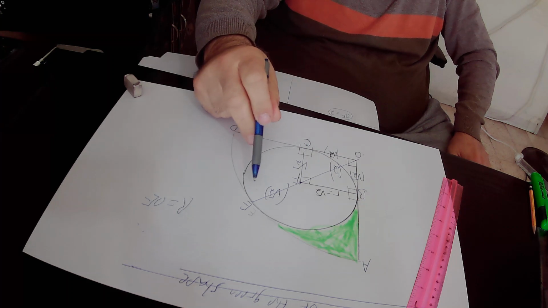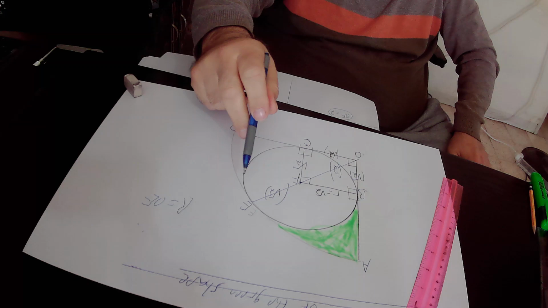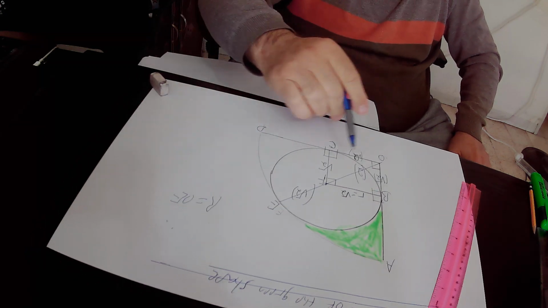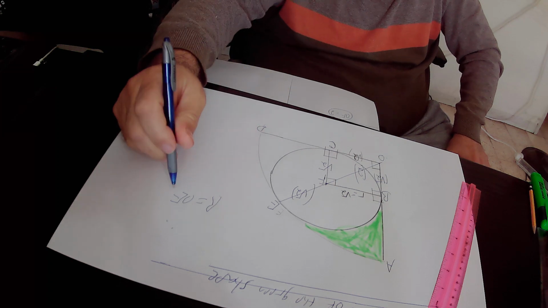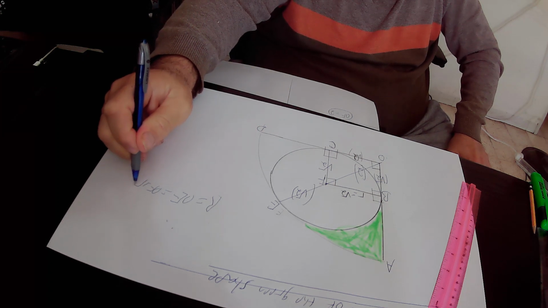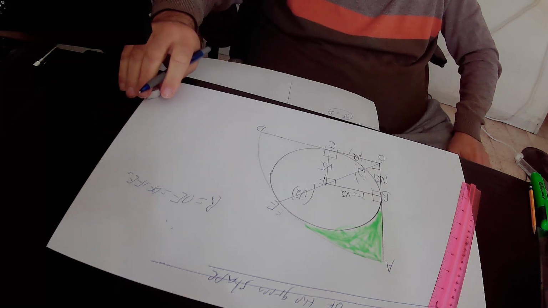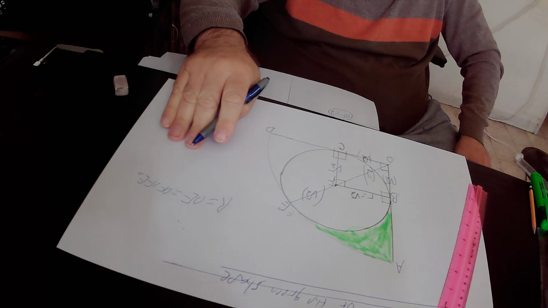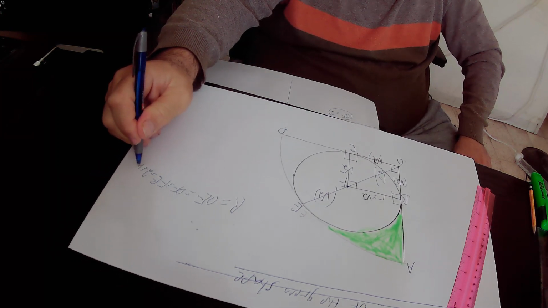So OFE is one straight line, therefore the length of OE equals OF plus FE, because it is one straight line. So OE equals OF, that is 2, plus FE, that is square root of 2.